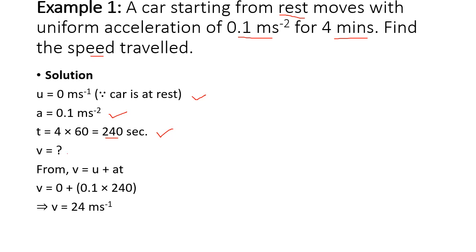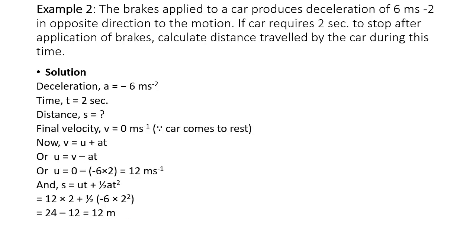So what is the speed traveled? It is V. So the question is clear. The formula is V equal to U plus AT from velocity time relationship. So substitute all the values. V equal to 0 plus 0.1 into 240. Answer is 24 meter per second. This is your second example.